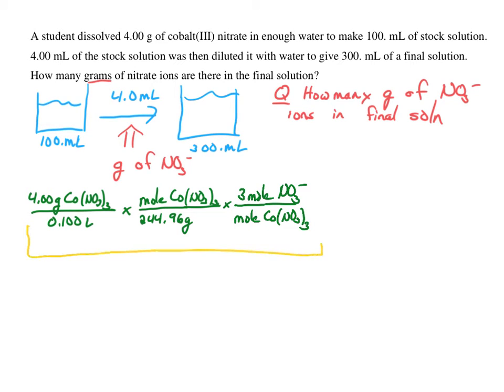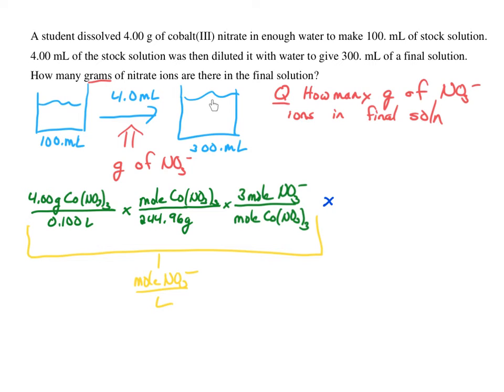Now, thus far, all of this takes us to the concentration of nitrate ions per liter. Now we can find the moles of our nitrate ion by multiplying the concentration of our nitrate ion times the number of liters we are going to use.